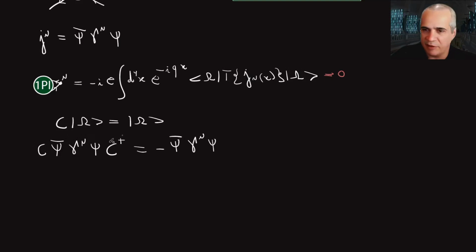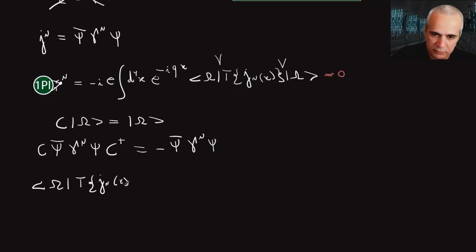That means that if I apply these charge conjugation operators and insert C and C dagger here and here, right, the vacuum won't change, but this part will change sign.